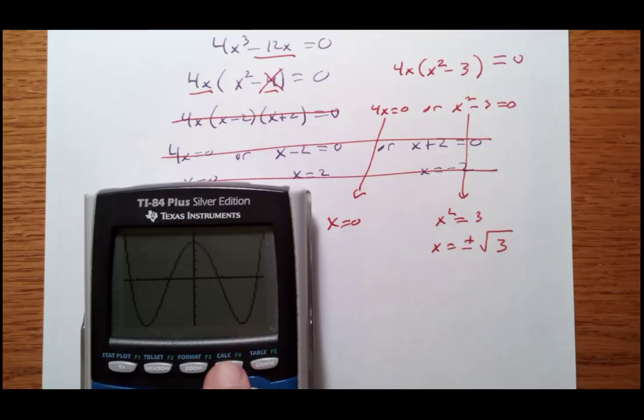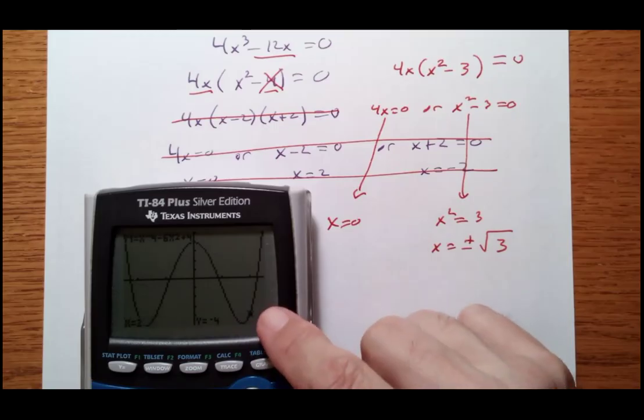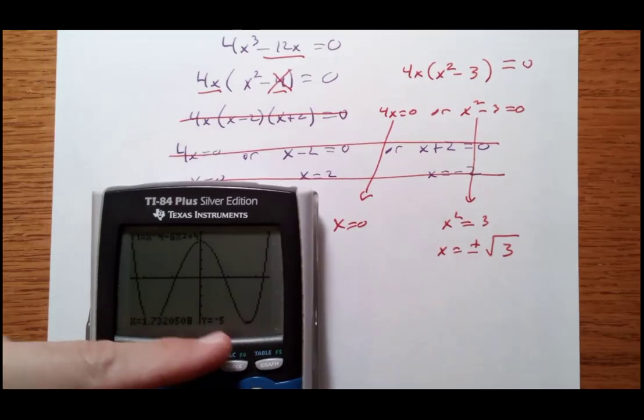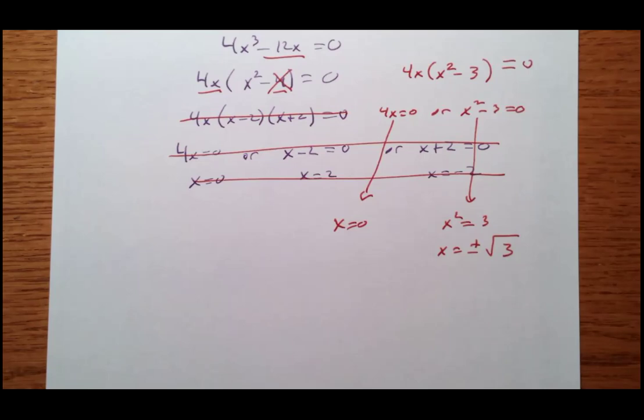Bottom is here. Trace. Square root of 3 puts me at this spot right at the bottom, whereas if I did 2, that's actually up here. And the tangent line's not horizontal there. It is horizontal there. Got to be careful. Arithmetic errors kill you every time.